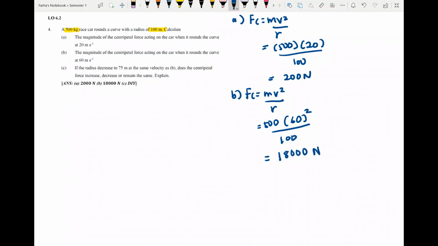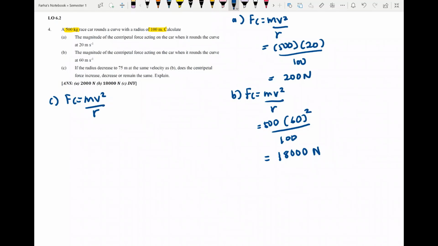Okay, for C, if the radius decrease to 75 meter at the same velocity as B, does the centripetal force increase, decrease, or remain the same? Explain. Okay, from Fc equals to mv square over r, and since m and v is constant, means centripetal force is inversely proportional with the r.